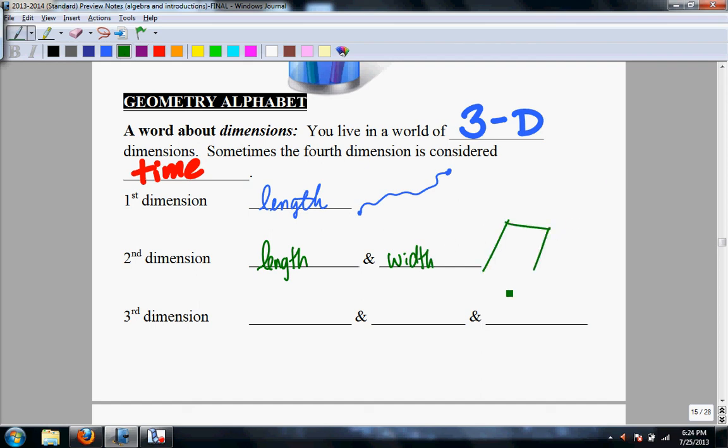Imagine the piece of paper that you are holding that has length and width. Technically it has a little bit of height, but we're going to use it as a model for 2 dimensions, length and width. The third dimension is essentially anything you can put your hands physically around. That is length, width, and height.